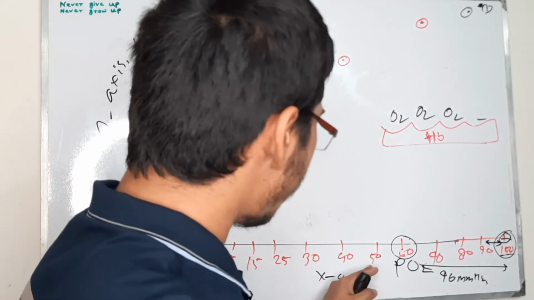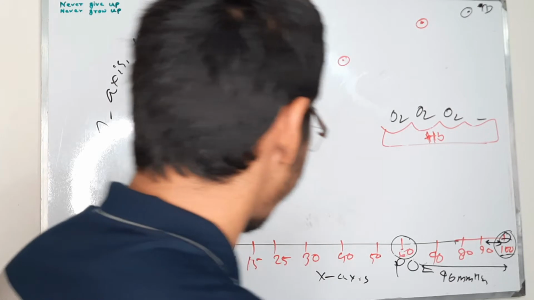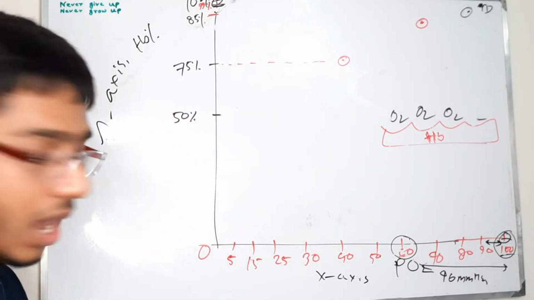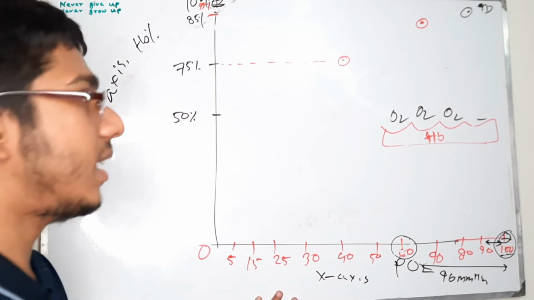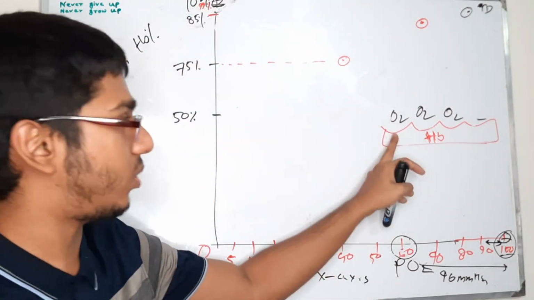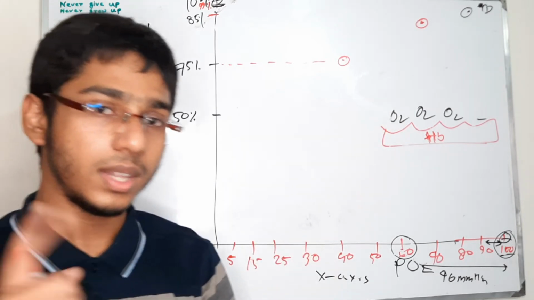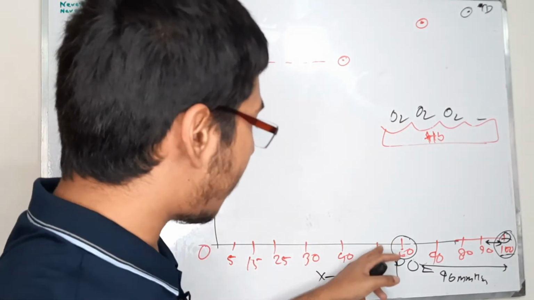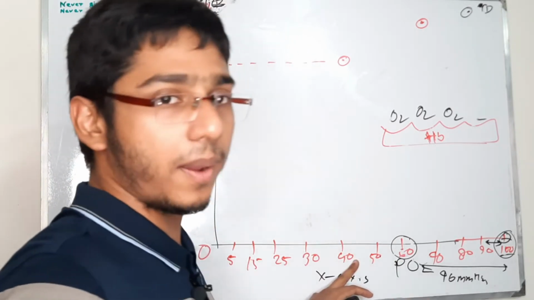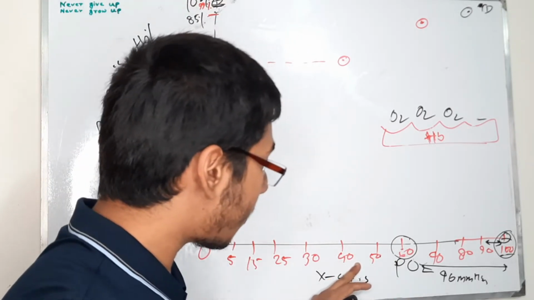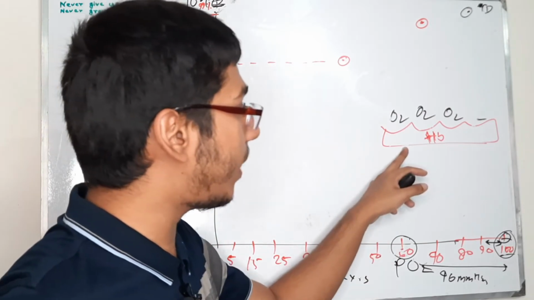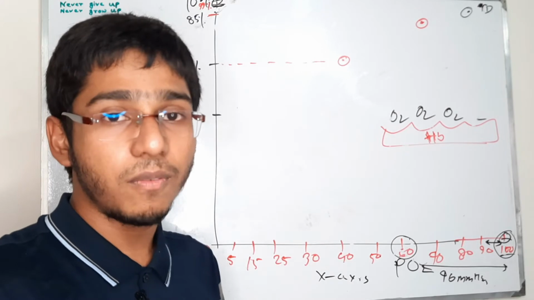Now after 40, if I keep on decreasing the partial pressure of the oxygen across the x-axis, then this hemoglobin will no longer show any kind of faithfulness to its wife. That means if I decrease my partial pressure of oxygen beyond 40 millimeters of mercury, then hemoglobin will no longer be faithful to its wife.